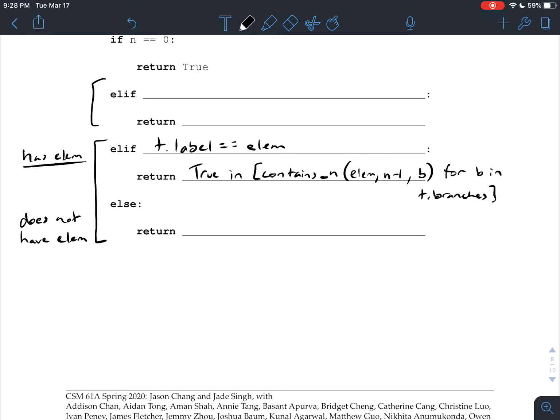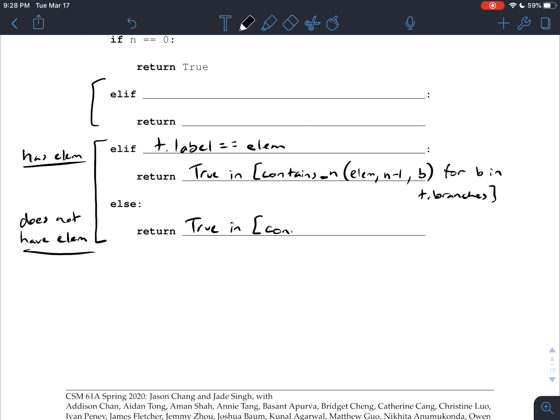Now, in the other case, if we don't have elem in that one label, so we're looking at the else, and we say, oh, this node does not have an elem. We once again do the same process where we do a recursive call on each branch, and the interaction that we're looking at between branches is, does there exist at least one true?